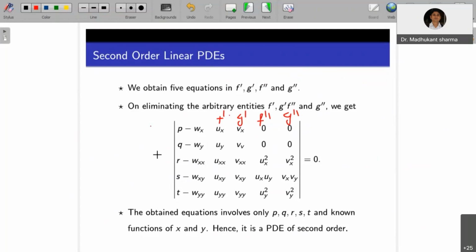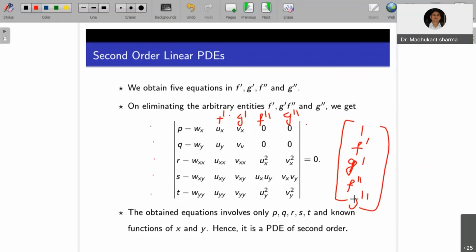Say first equation, second equation, third equation, fourth equation, fifth equation. Okay, so this is 5 equations. So you are multiplying it by, I can say here, the vector in the coefficient matrix. The vector is 1, f dash, g dash, f double dash, g double dash.